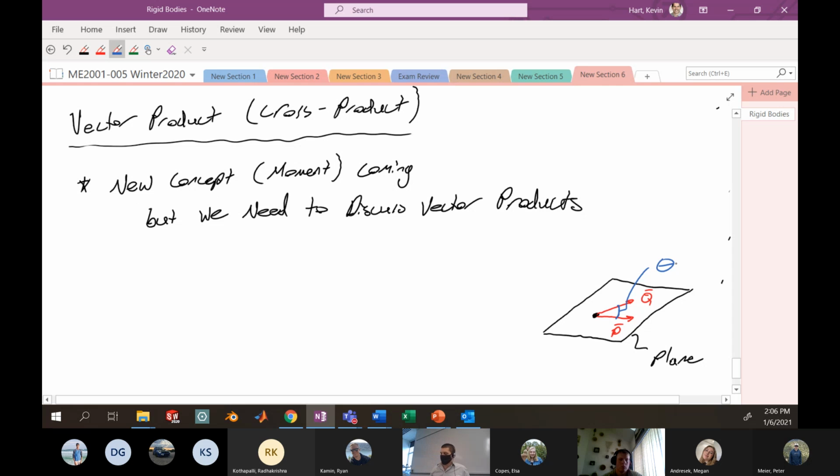All right, if we have two vectors that are in a plane, and any two vectors can be in a plane, right? The cross product, or the vector product between the two of them, has a couple of rules that we follow. Let's just write those in English now, and I'll show you what that is.